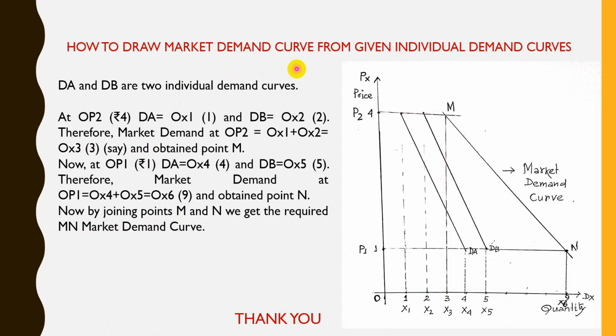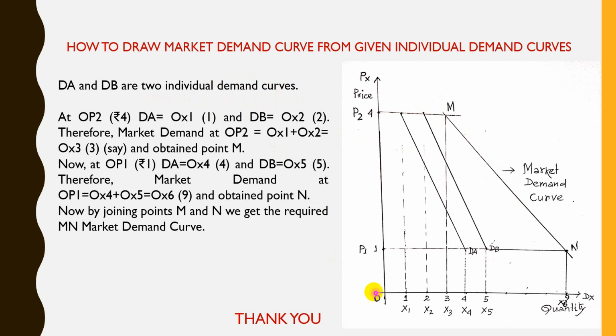How to draw market demand curve from given individual demand curves? Suppose you have been given two demand curves, A and B. From these two demand curves, we need to construct the market demand curve. So DA and DB are two individual demand curves.